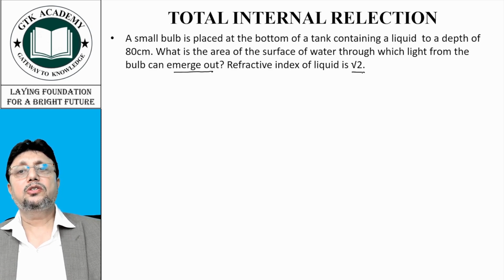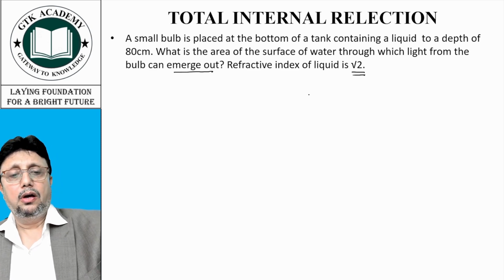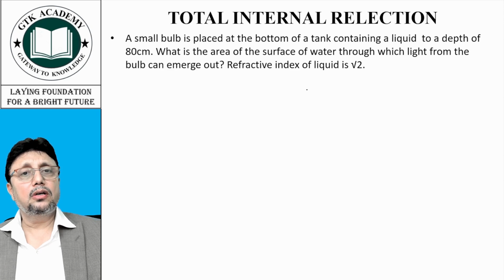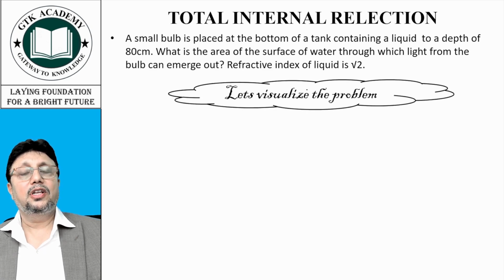The refractive index of the liquid is given as under root 2. If you read the question, that means only some portion of the light comes out. That is being said in the question. You can easily make out that this is a question of total internal reflection. Now let's analyze the question. Let's visualize the problem.